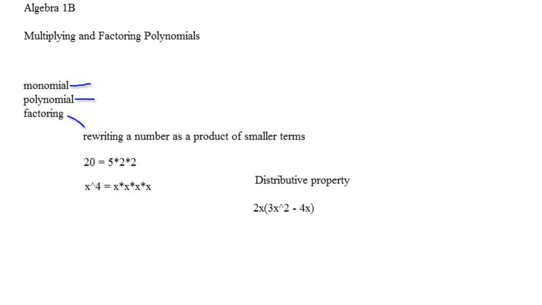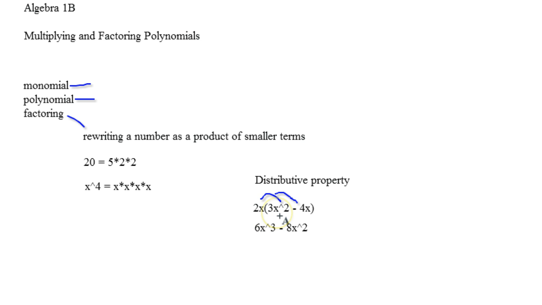What we would do is distribute the 2x to each part, and then we would get 6x cubed minus 8x squared.